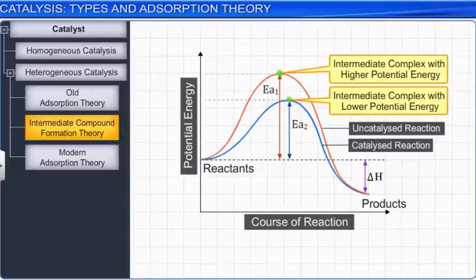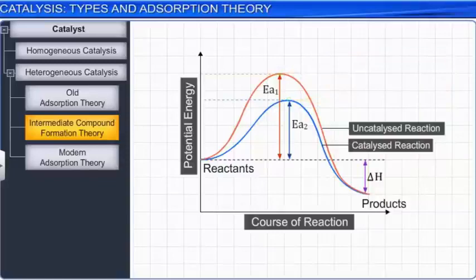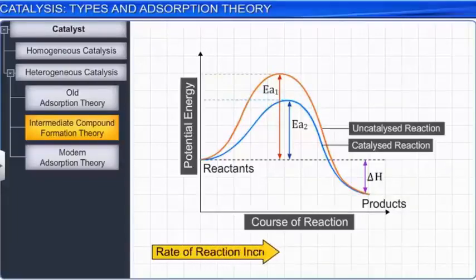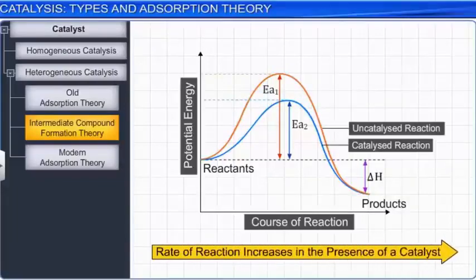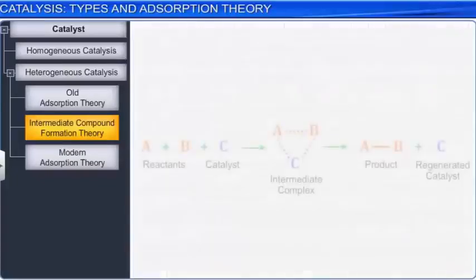Now, as the energy barrier for the catalytic path is lower than the non-catalytic path, the rate of reaction increases in the presence of a catalyst. Thus, we see that the intermediate compound theory provides an alternative sequence of elementary steps to accomplish the desired chemical reaction.